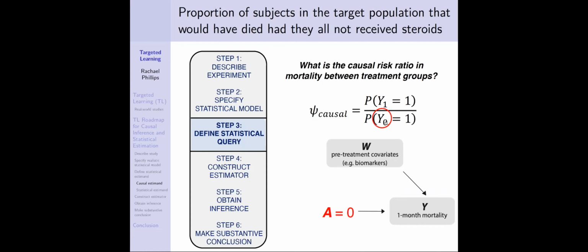Y sub 0 is similar. It's the counterfactual outcome had all the subjects received the no steroid treatment. And this probability is the probability of mortality had all the subjects not received steroids. And by all the subjects, I mean those in the target population, which we specified here.